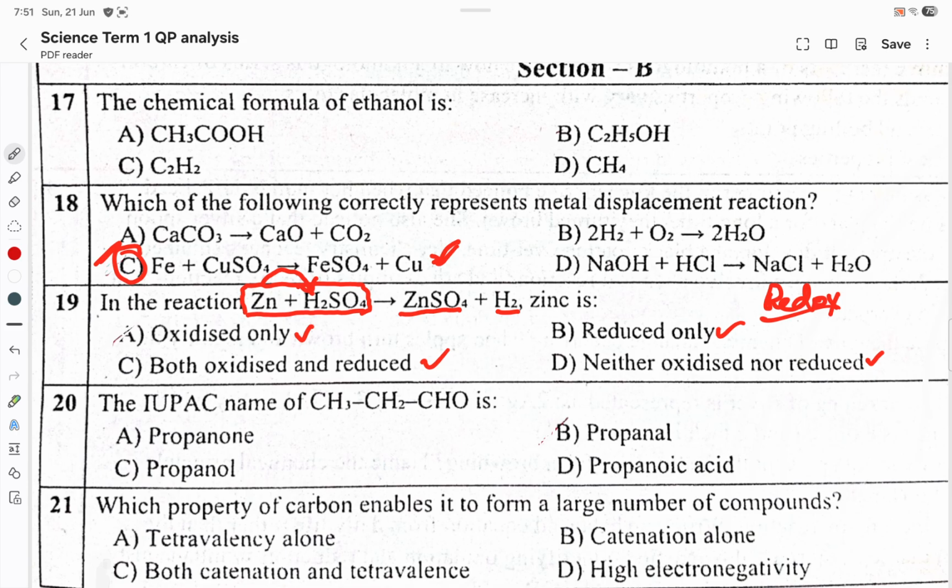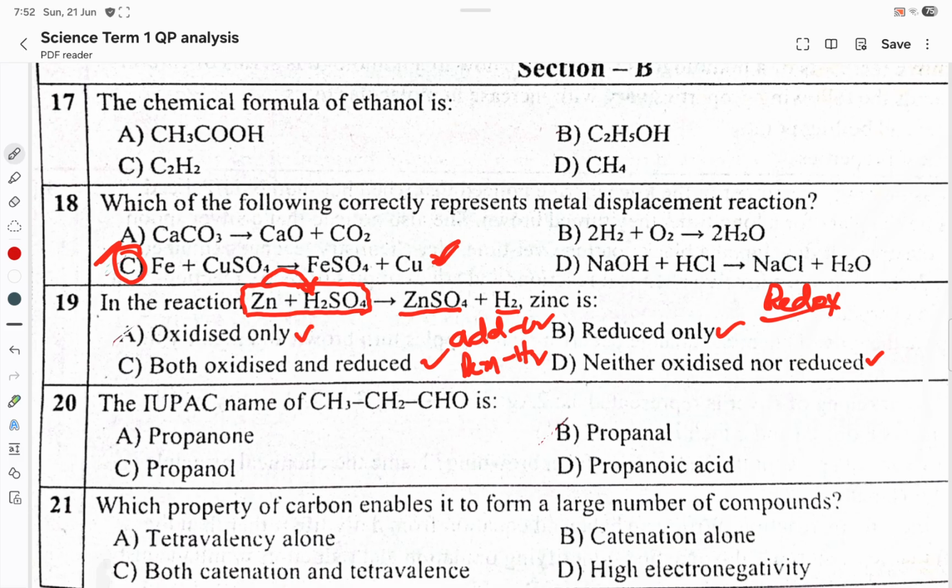Now, what is oxidation and what is reduction? Generally, oxidation means addition of oxygen or removal of hydrogen. Reduction means addition of hydrogen or removal of oxygen. That's the general definition for oxidation and reduction.